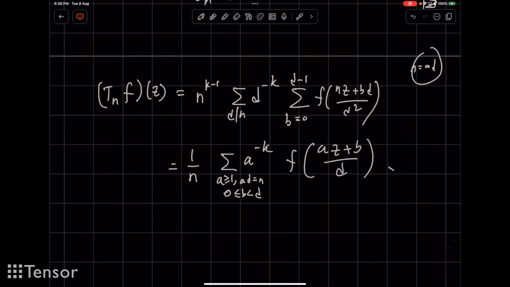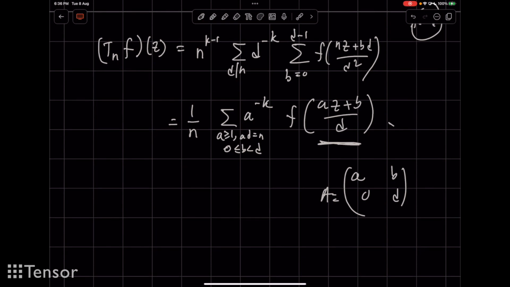Now, the argument of f, the input f takes in this sum, does this remind you of anything? Any group action? Yeah. If we define a matrix like this, let's call this A, then this term is actually f of Az.